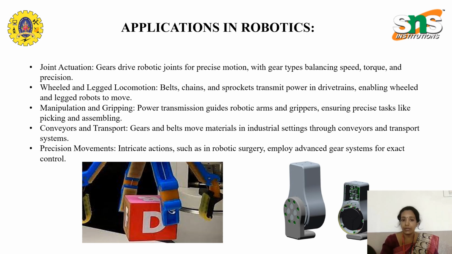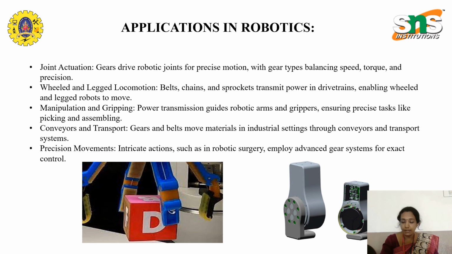Gears drive robotic joints for precise motion, with gear types balancing torque, speed, and precision. Wheeled and legged robots involve belts, chains, and sprockets to transmit the power in drivetrains. These enable wheeled and legged robots to move.